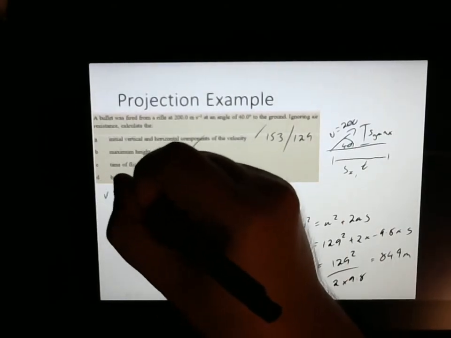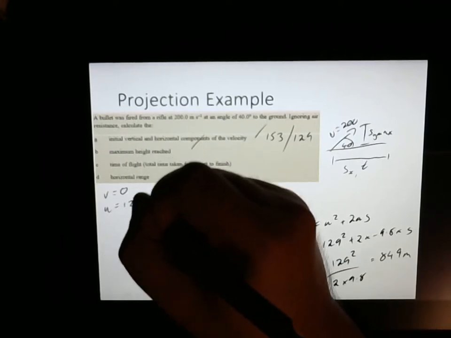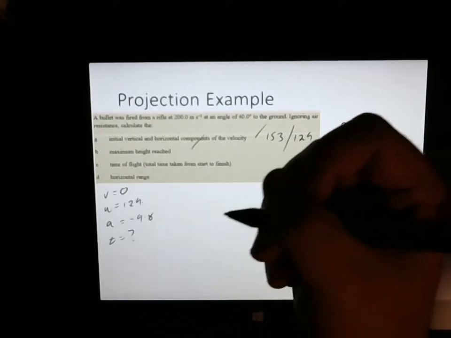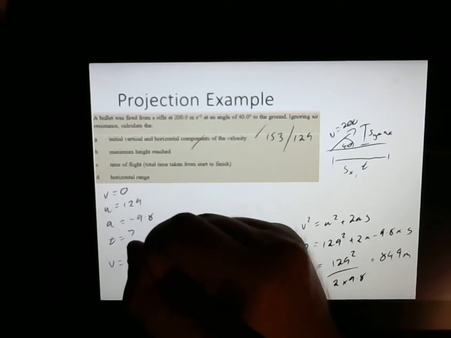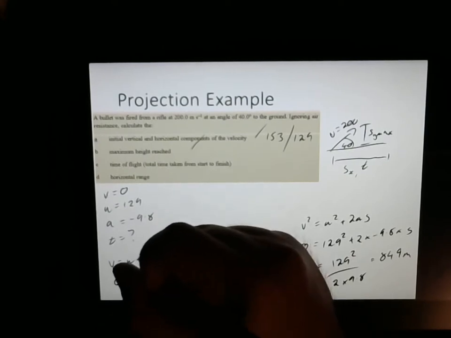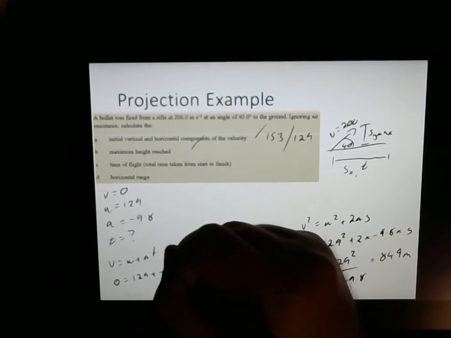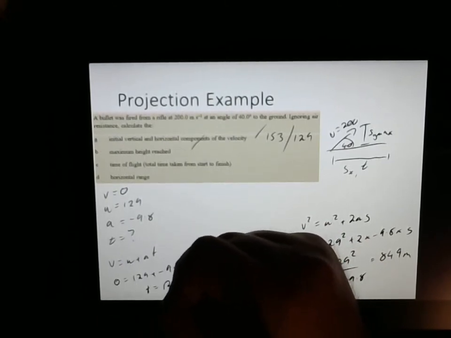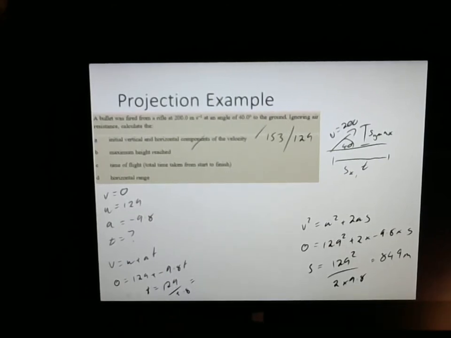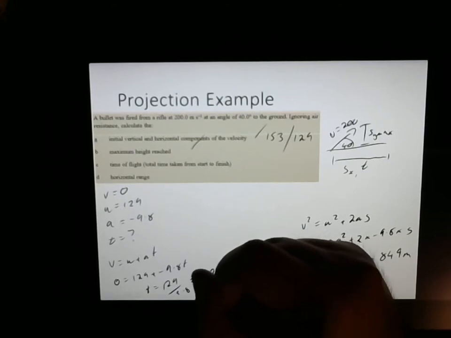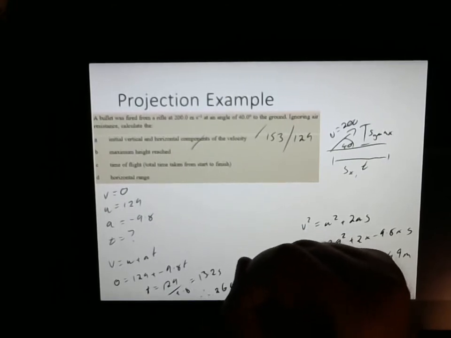So if we go with v equals 0, u equals 129, a equals negative 9.8, and t equals unknown, well, we can see v equals u plus at, 0 equals 129 plus negative 9.8t, so t is going to equal, we rearrange it, 129 over 9.8, 129 divided by 9.8, 13.2 seconds. 13.2 seconds, so therefore 26.4 seconds total.